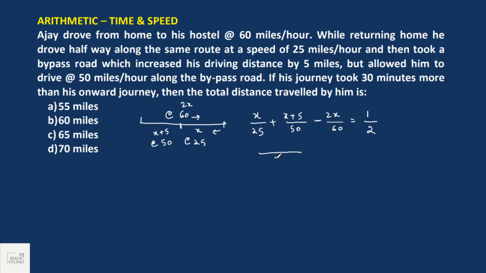So here if I solve these two only, x by 25 plus x plus 5 by 50, this equals half minus x by 30. Let me take this as 30, then it would be 15 minus x. If I solve 3 into 3x plus 5, 9x plus 15, and 75 minus 5x.